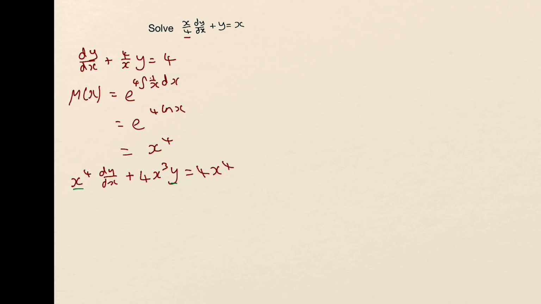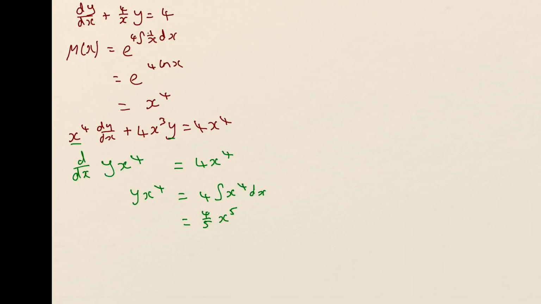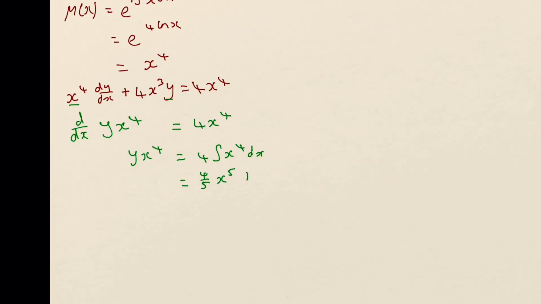Looking at this section, so we've got the derivative of y x to the 4 is equal to 4x to the 4. Y x to the 4 is equal to 4 lots of the integral of x to the 4 dx, which is equal to 4/5 x to the 5 plus c, which makes y 4/5 x plus c x to the minus 4.